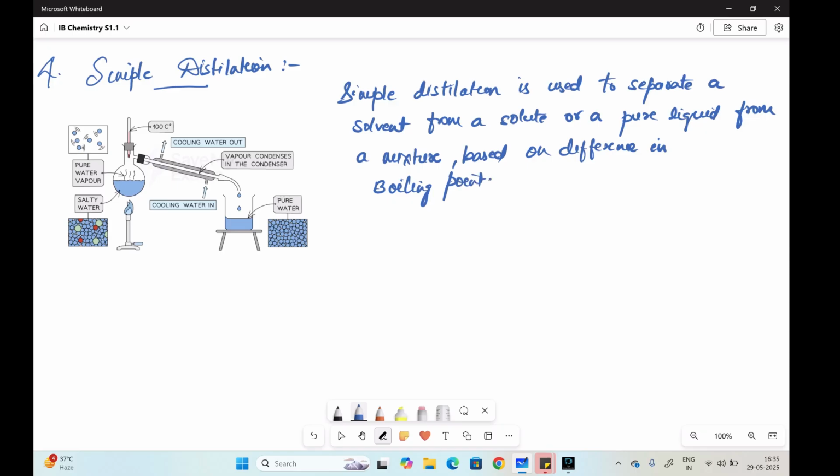So here the principle of separation is based on the boiling point. Example, what solutions can you separate? Separating water from the salt solution.